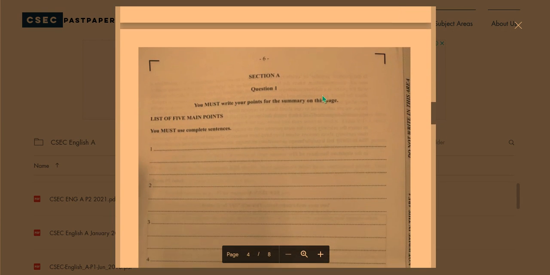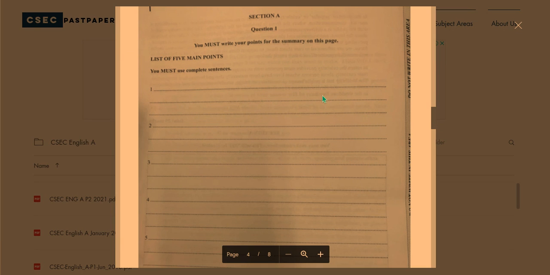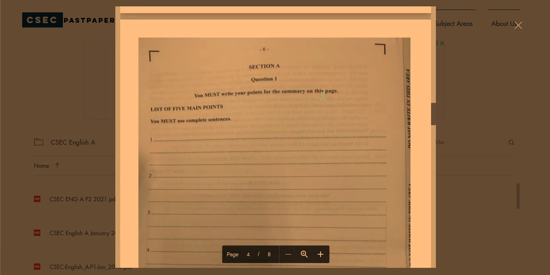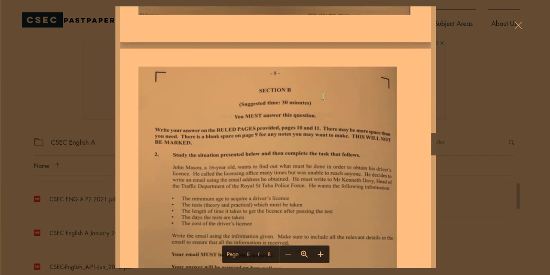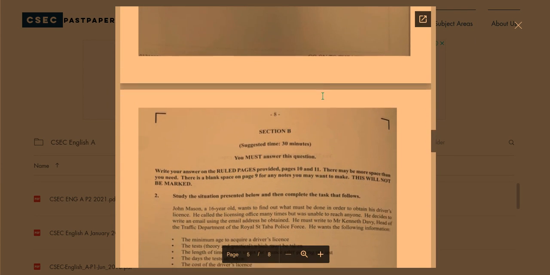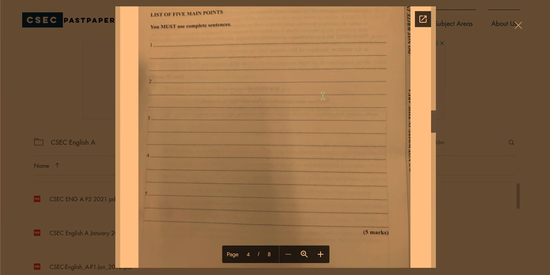In this CSEC paper, you are given some space to write your notes, and you are first going to write 5 main points that were discussed in that summary. After you have written your 5 main points, then you are required to write your summary.